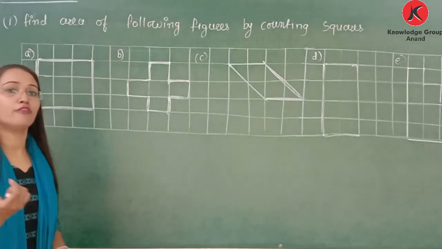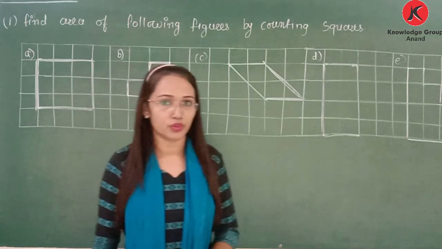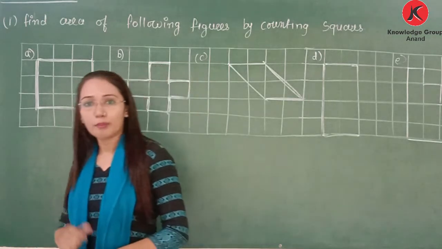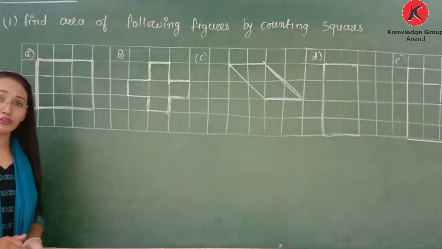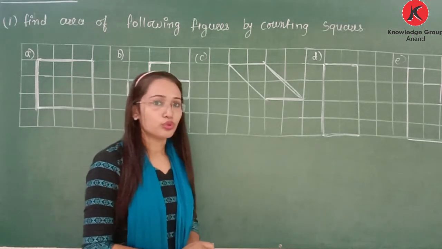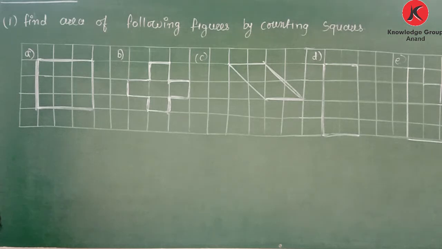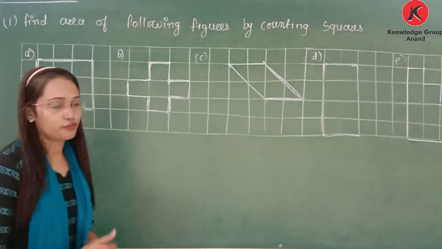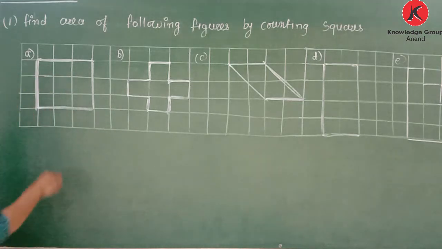If it occupies 5 full squares, then area will be 5 square centimeter. Then count the number of half squares. If half squares are there, we need to multiply the number of half squares with 1 by 2. And then count the squares that are more than half. That is considered as 1 and less than half is considered as 0. Clear? So let's start with the first question here.